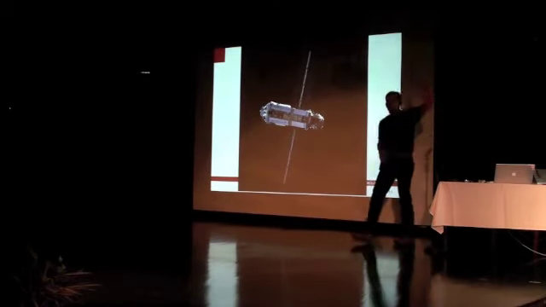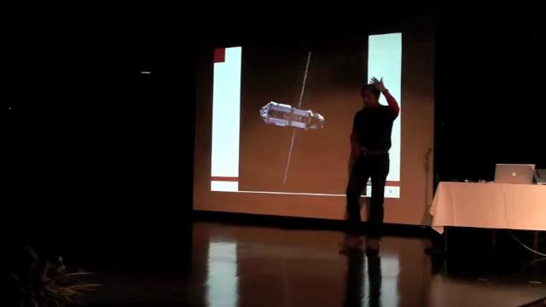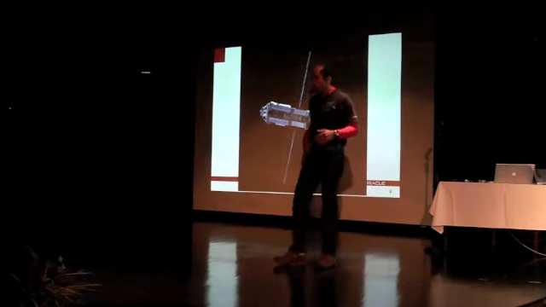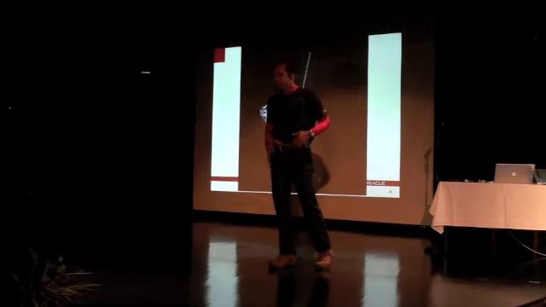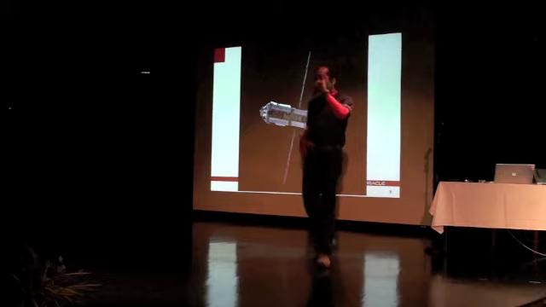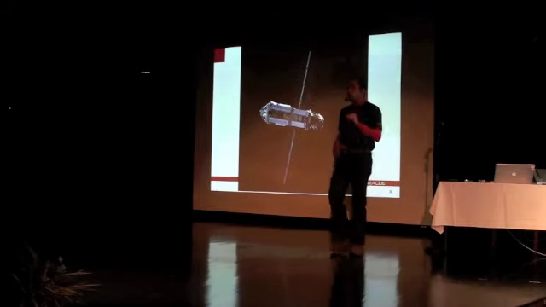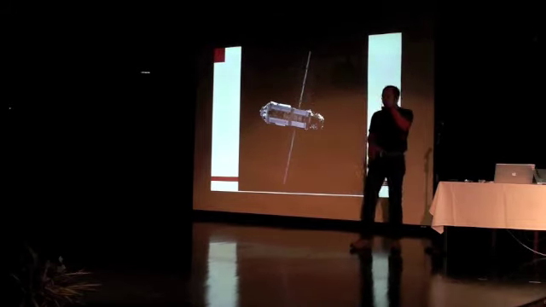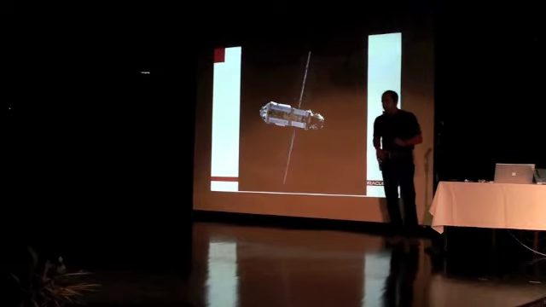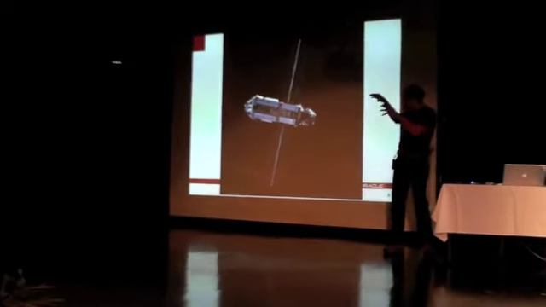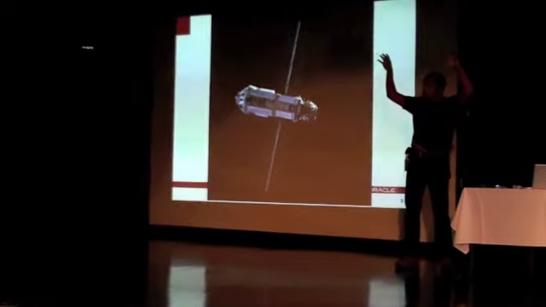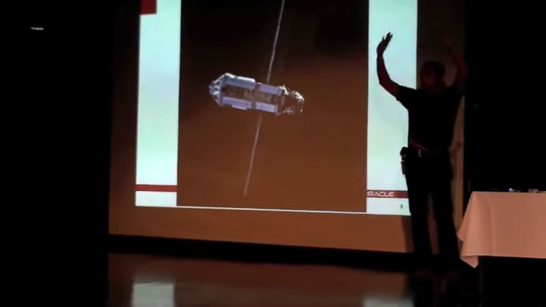Anybody knows what this is? Yeah. This is module Zarya. This is the very first successful module ever launched in space. So this is one part of the International Space Station, which is way up there, hundreds of miles above us in the Earth.